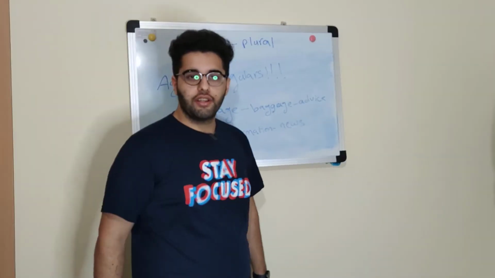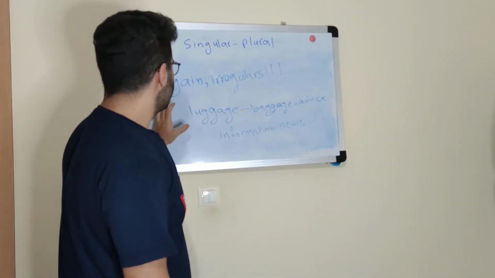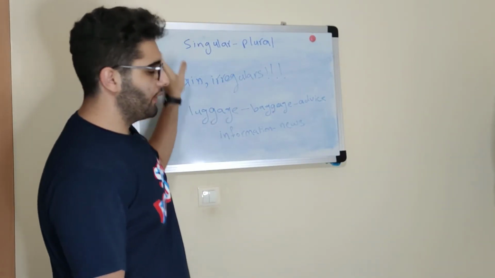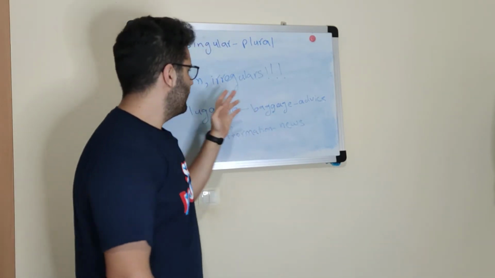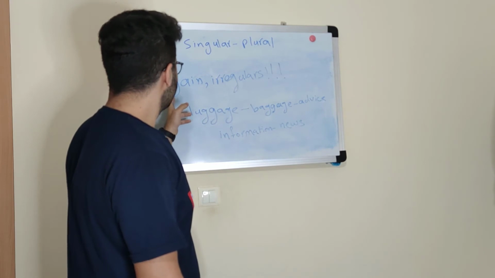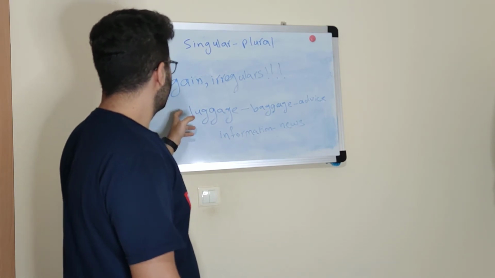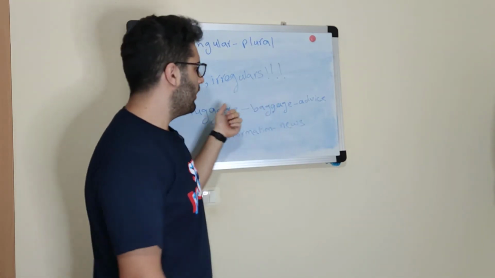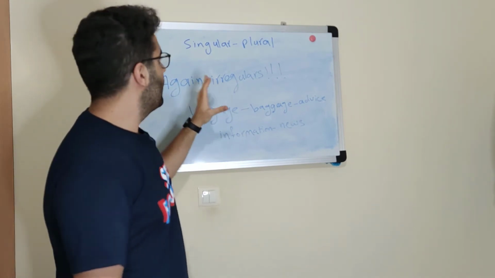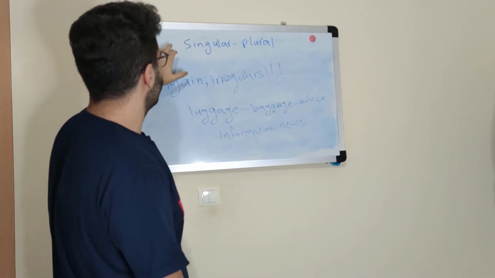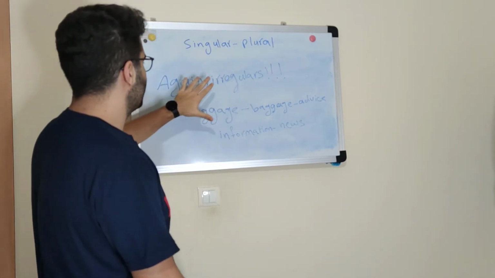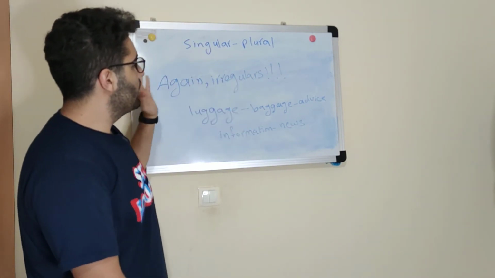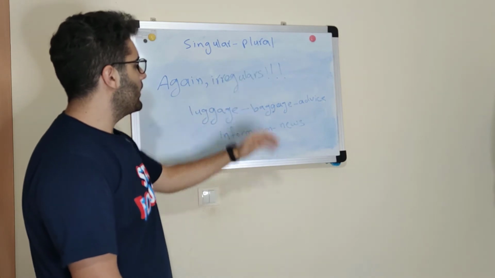I hope your energy level is still high because it's the last type of this topic. And if I remember correctly, this should be the 14th type, actually group of this topic, turning singular nouns into plural nouns. And again, this type includes many irregulars.